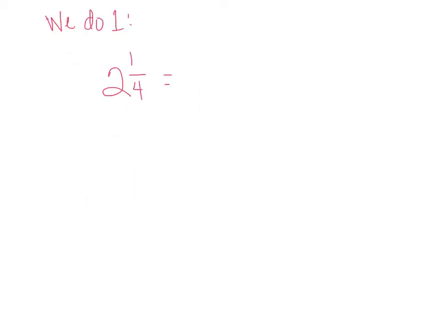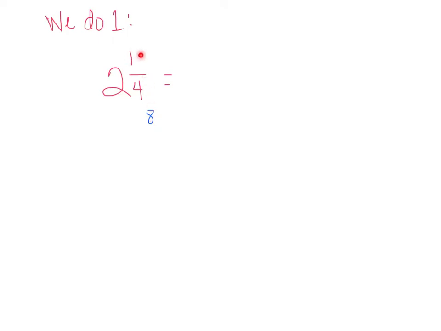So let's do number 1. Go ahead and copy this down into your notes. We're going to change 2 1/4 into an improper fraction. And we do that by going multiply, add, bring it to the side. So we're going to multiply this 2 times this 4. So 2 times 4 is 8. Then we're going to take this 8 and add it to the numerator up here. And that's a 1.